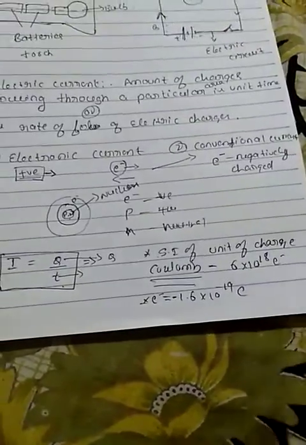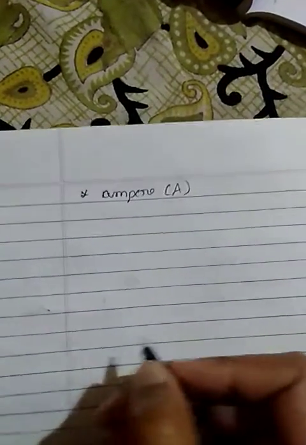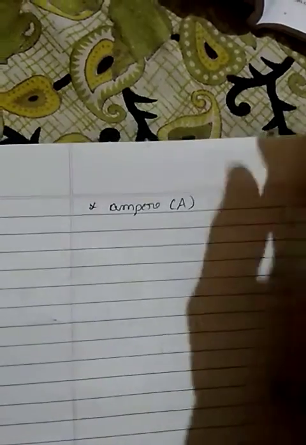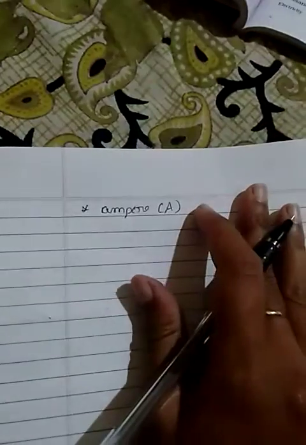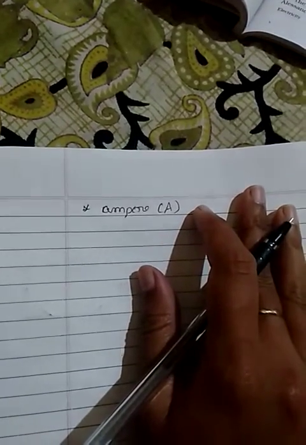The SI unit of current is ampere. Remember that the SI unit of current is ampere. One ampere is constituted by the flow of 1 coulomb of charge per second.